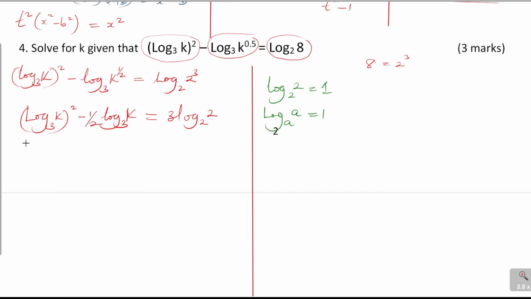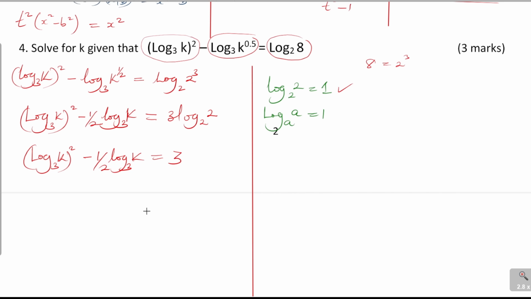So now having that, let us write this equation again. So we shall have a half logarithm of k to the base of 3 is equal to, so this will be 3 multiplied by 1, which is 3, since logarithm of 2 to the base of 2 is 1, so we shall have 3 times 1.